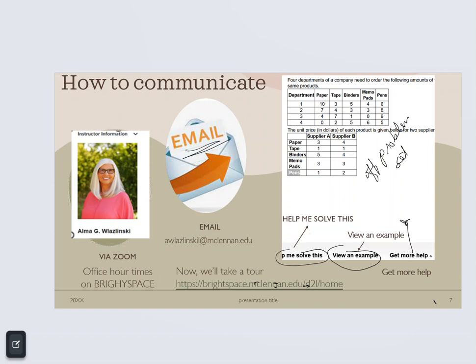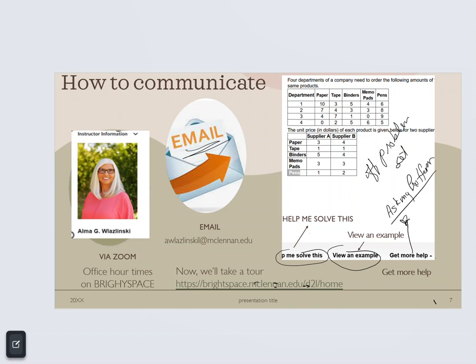But this one is the one I want to get to. Get more help. It is access to the textbook, but it also has Ask My Professor. And this will shoot the particular problem right to me, and I'll respond with a PDF on how I would approach it.